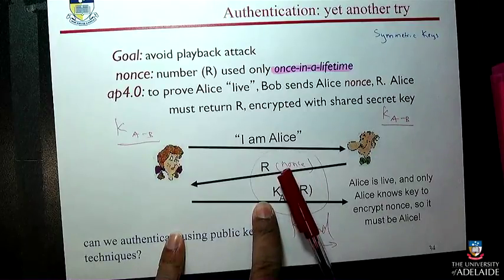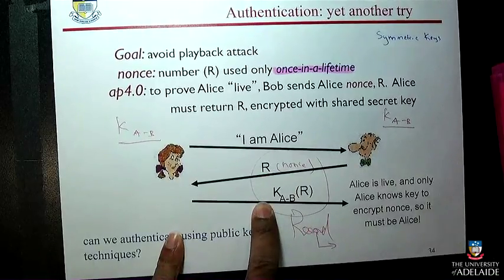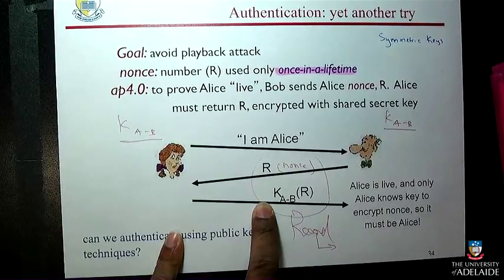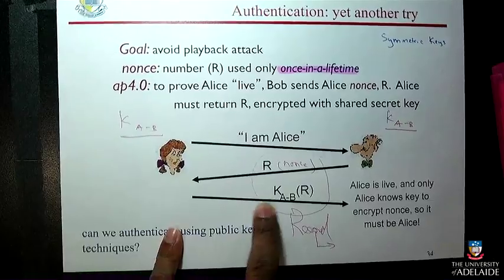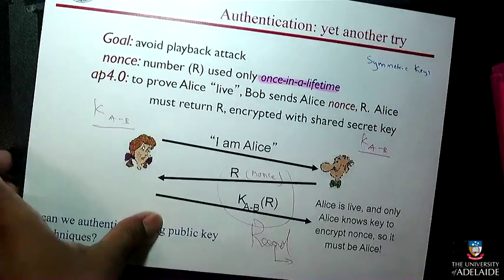What's the property of R? Use only once. So Bob's never going to use it again. There's no point recording it, because Bob's never going to send that R to Alice again. So a simple security property guarantees security, right? Beautiful. Property of R, used only once.